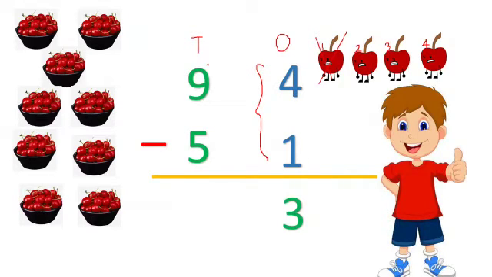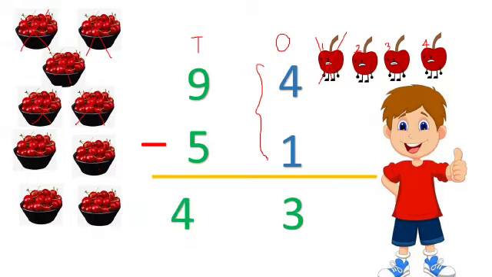Now let's move to subtract the tens. 9 minus 5. We have to cancel 5 tens from the 9. 1, 2, 3, 4, 5. How many tens do we have now? 4.